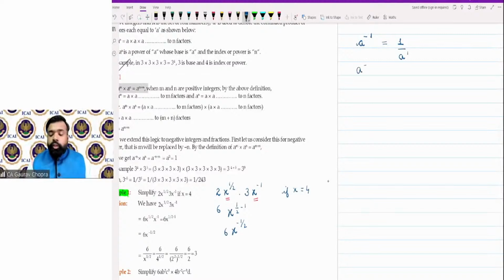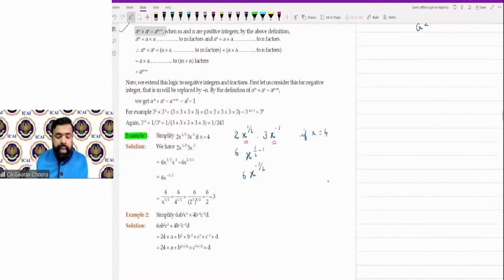If it is a to the power of minus 2, then it can be written as 1 upon a to the power of 2. That means it will become the reciprocal. The number will become reciprocal and the sign of the power will get changed. Negative will turn into positive, and if it is positive, it will turn into negative.